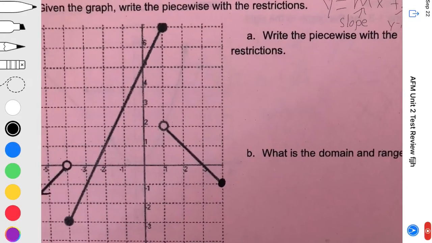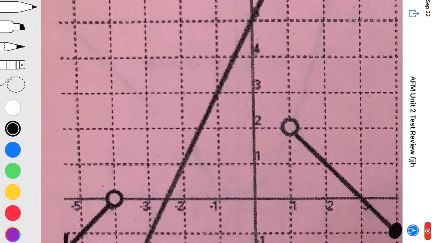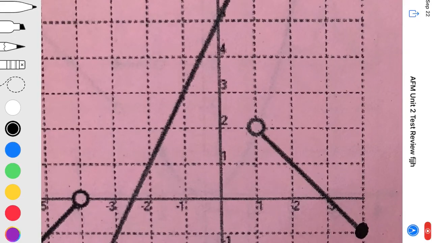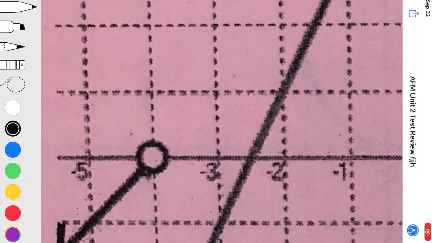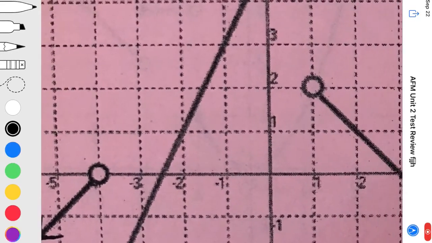We have to have an m and a b when creating these equations. Right now in step 1, we do not have a b, so we're going to extend it all the way till we hit our y axis, and it's intersecting at 4. So for step 1, our b is 4.